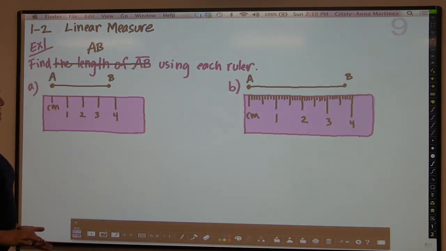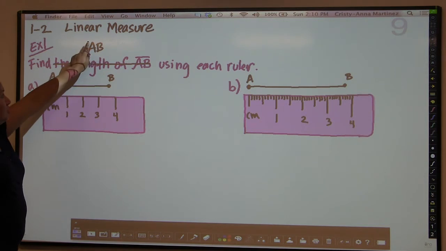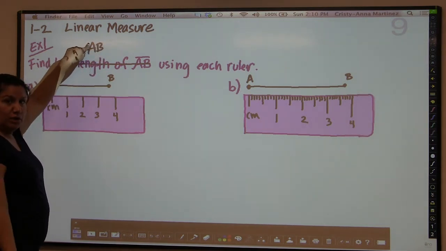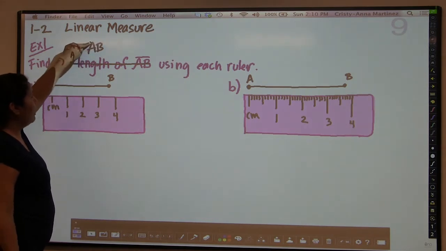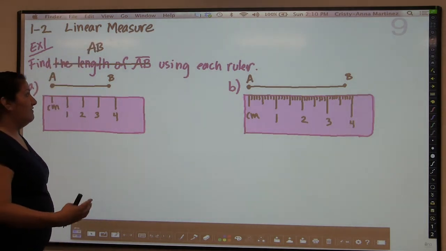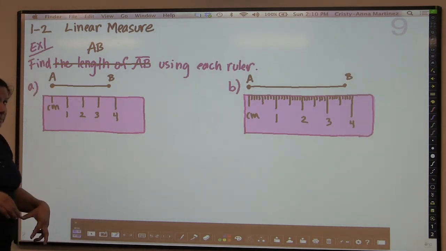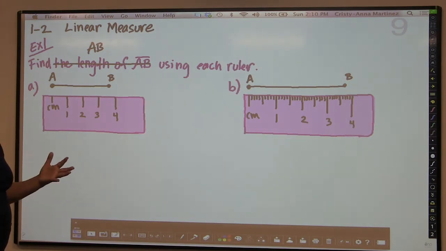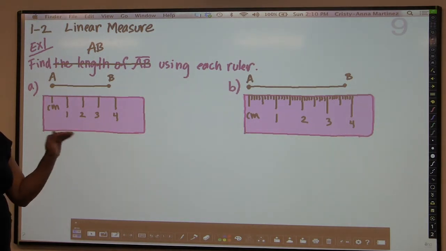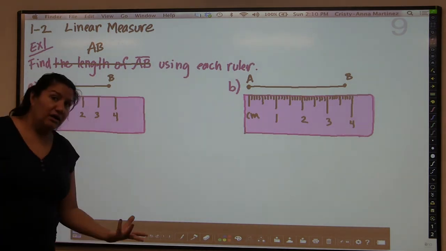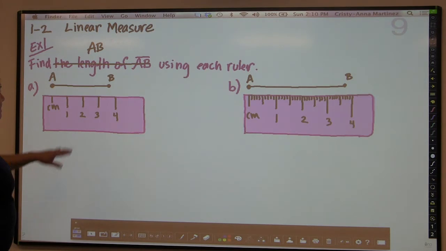The only difference is that when you say it like this, there's no bar above it, and any geometry person would know that when there's no line above it, you are talking about the measure of the segment and not the geometric shape of the segment. So that's very important. If I ask you to identify a segment, then you have to use the bar above AB. But if I'm asking you to give me the measurement of this segment, then this will suffice.